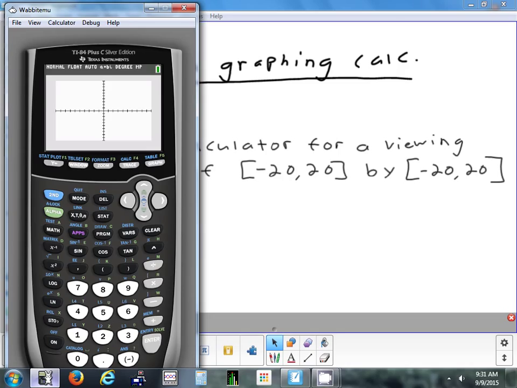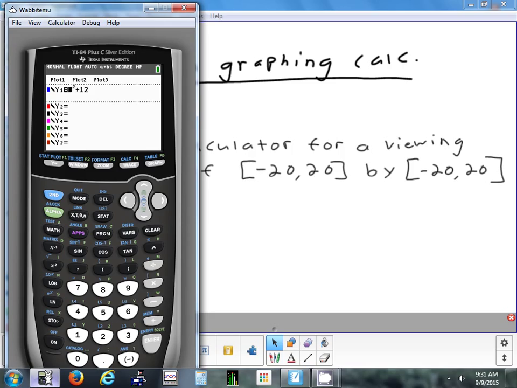No. Yours says what? I see a graph. You see a graph? You did zoom 6? Yeah. Do it again. And make sure you have typed in x squared plus 12. Anybody else having a problem with theirs? Is that an error? No, we got error fixed.